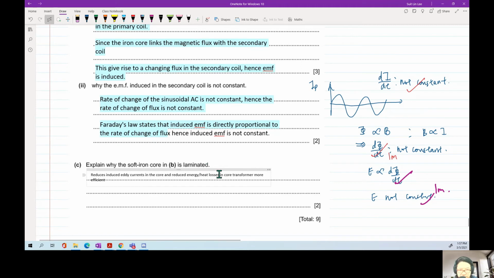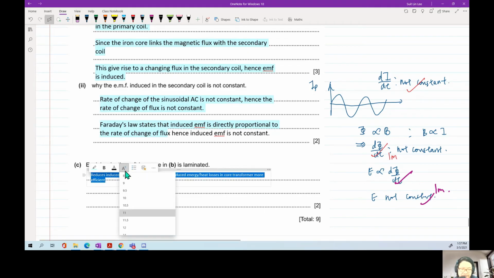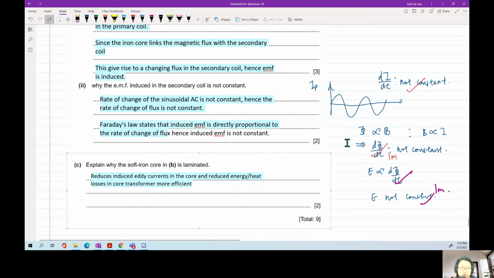Anytime your circuit is hot, like just now when I touched my computer just to see whether it's hot or not, it just means it is inefficiency. So it reduces the induced eddy currents in the core, it reduces the energy heat loss in the core, and because of this, our beautiful transformer is more efficient.